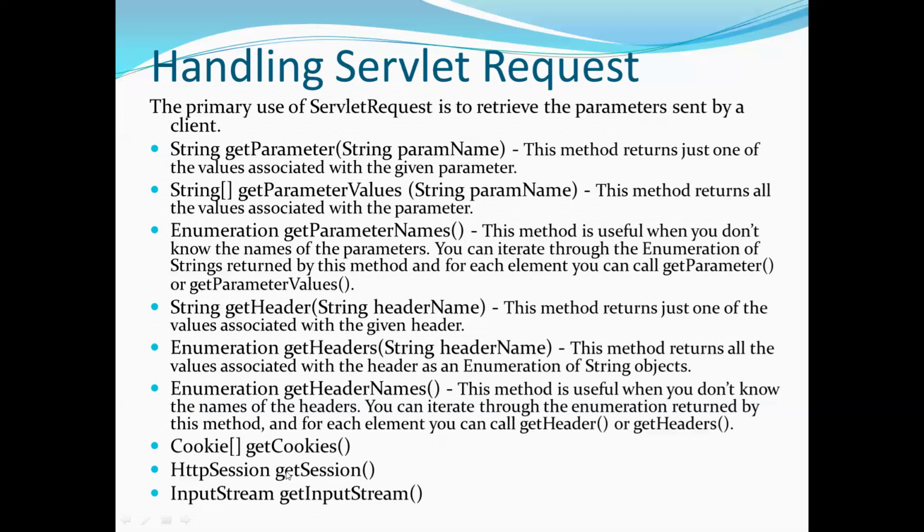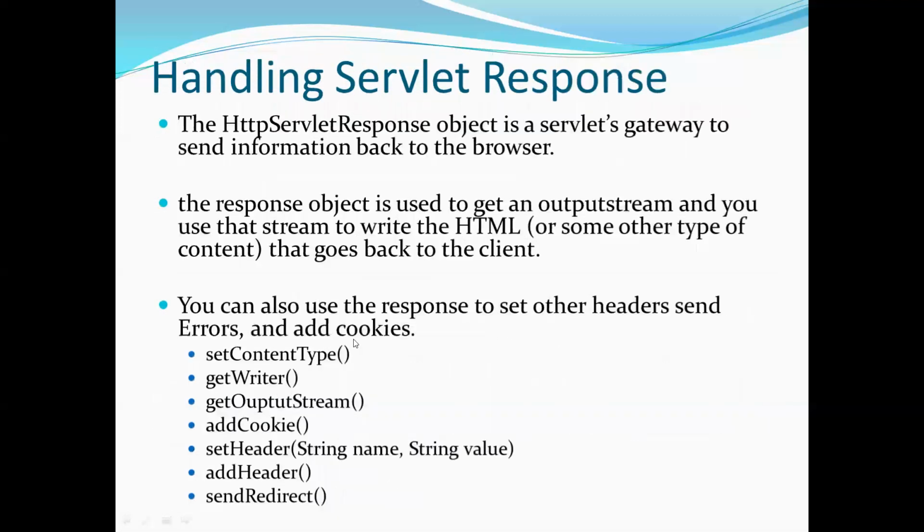And getCookies, getSession, getInputStream. So these methods we'll use further in the session. So I'll explain these methods at that time. When you send any response to the user, then we first write setContentType, then we write the getWriter, output stream, the cookies, headers, and redirection.